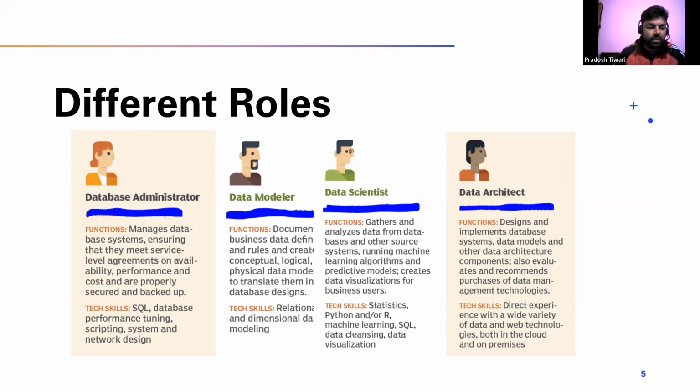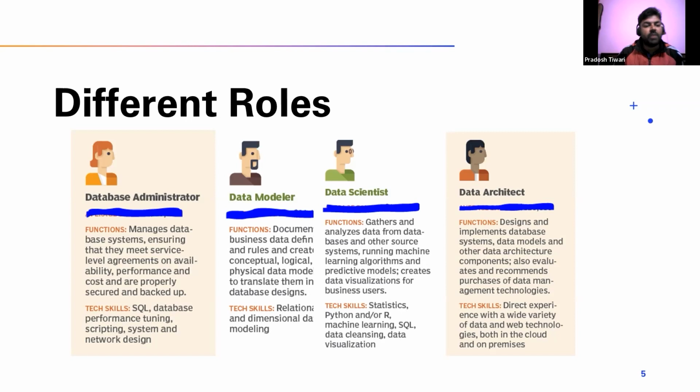So as you can see, if you read through the function of database administrator, their tech skill would be quite similar with others in this list. Because their responsibilities are overlapping, and based on the requirement of the business, people shuffle these responsibilities.